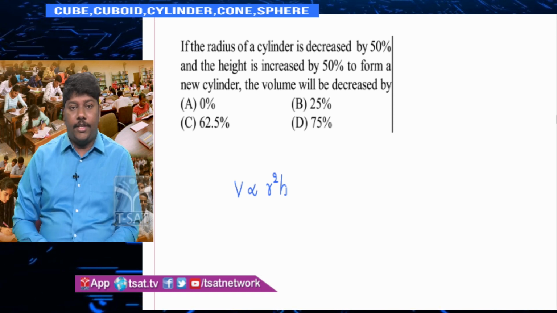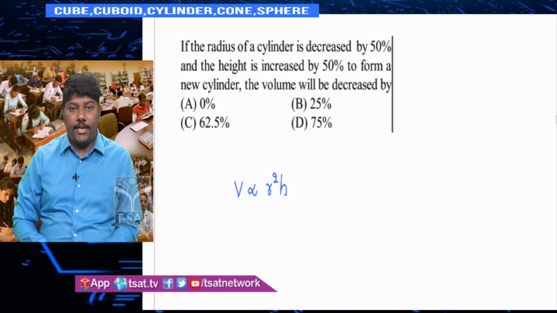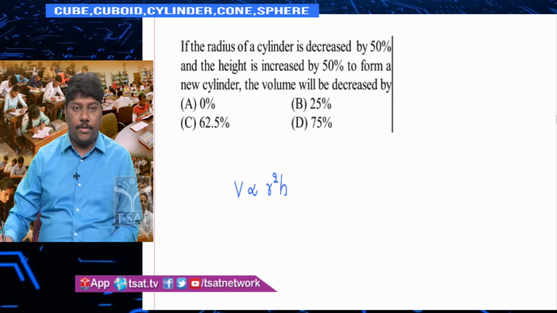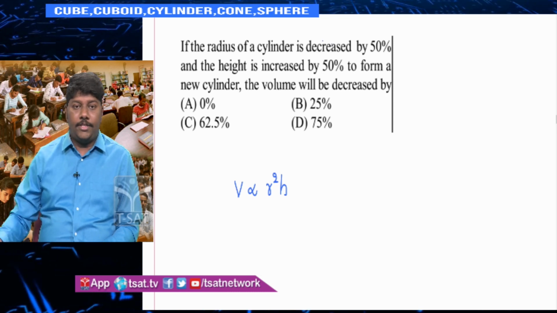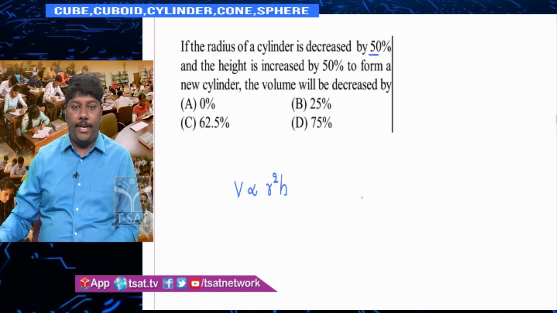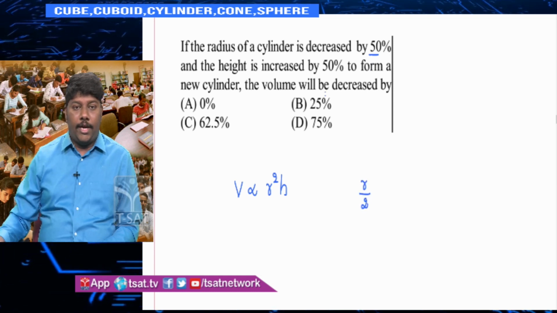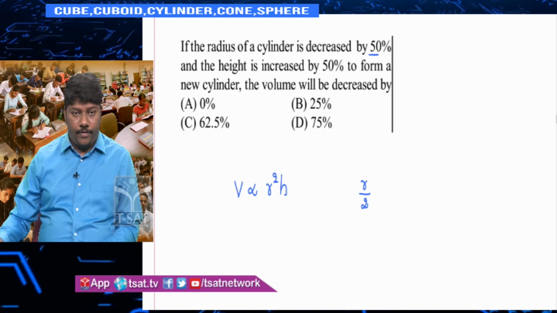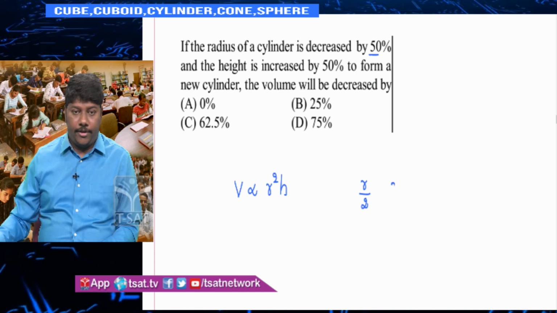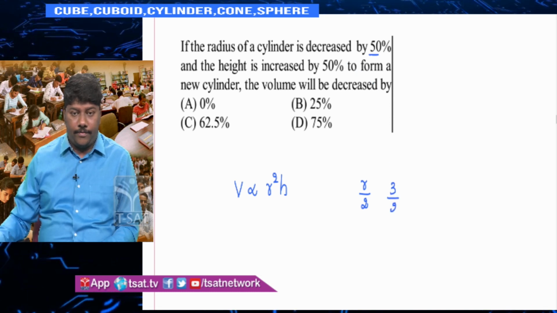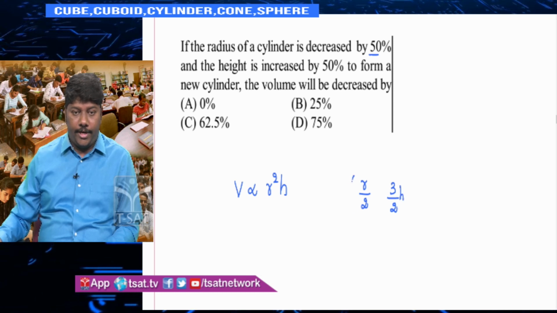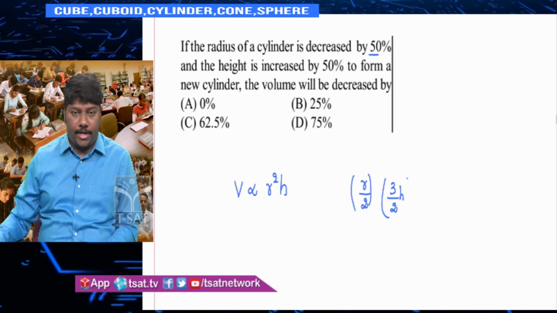If radius is decreased by 50%, it means radius by 2. Height is increased by 50%, which means in place of height you are putting 3 by 2 times height. This is your new radius and your new height.